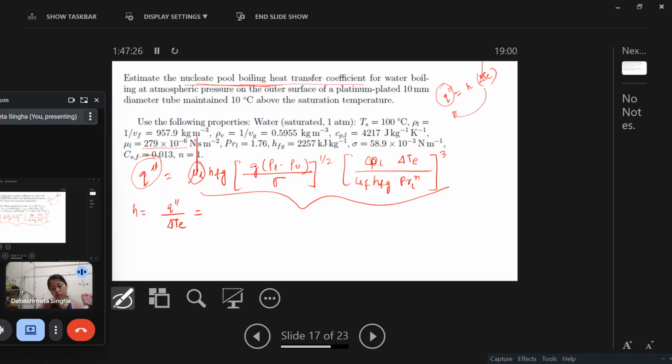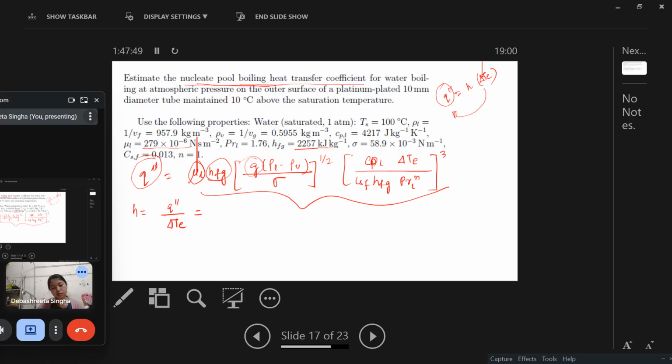Mu L will be 279 into 10 to the power minus 6. Then HFG is 2257 kilojoule, so you have to multiply with 10 cube to get this in joule.